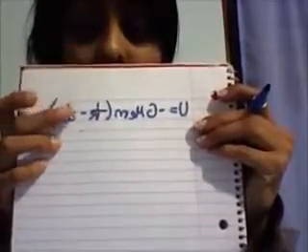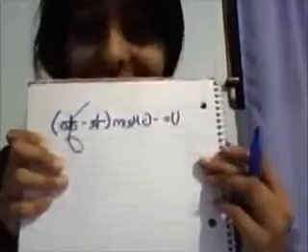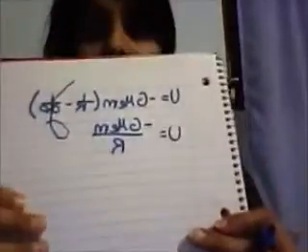But we know that 1 over infinity goes to 0. So that part goes to 0, and U is equal to negative G times the mass of the Earth times the mass of the object that's orbiting, over r. And that's part A.